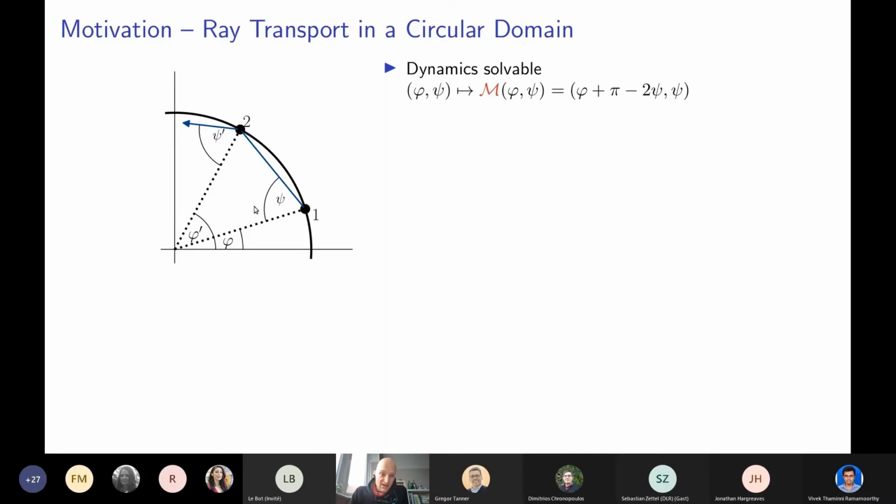The circle has the big advantage that if we write down the dynamics in terms of a polar angle, phi, and an angle psi, which measures the direction with respect to the normal, then we can write down this boundary map, calligraphic M, explicitly. Namely, if we start at phi and psi, the next iterate will be at phi prime and psi prime, where psi prime is just the same value as psi, and the value of phi prime is phi plus pi minus 2 psi.